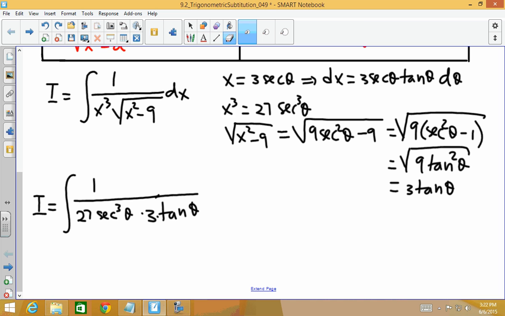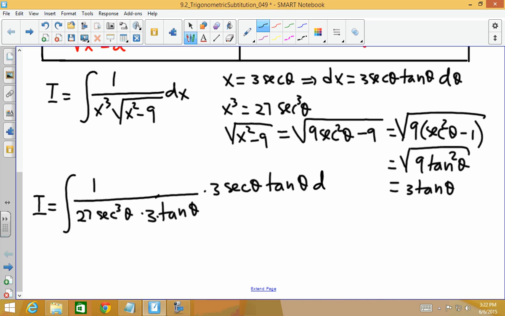And dx is 3 secant theta tangent theta d theta. What can cancel out? We have 3 and 3, tangent theta and tangent theta, and secant theta here and secant theta there, so secant cubed theta becomes secant squared theta, because x over x cubed is 1 over x squared.